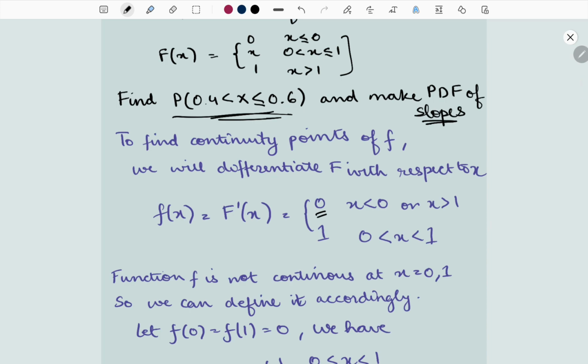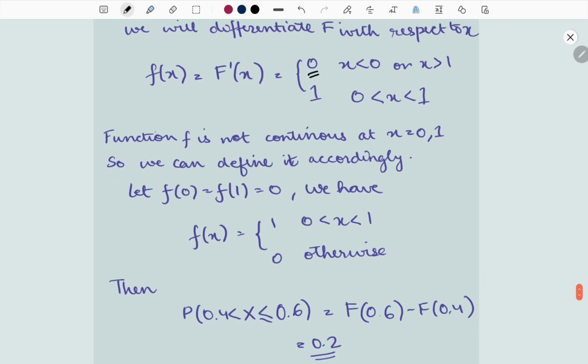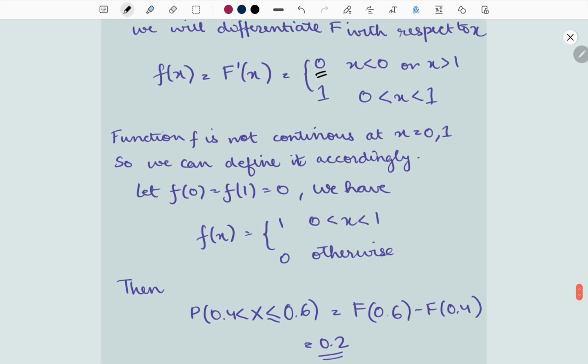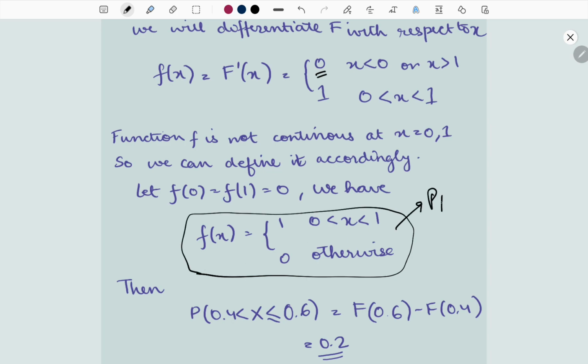Now here's a dilemma. We know that the f function is not continuous at x equals 0 and 1, because the slopes are different. So we can define it accordingly, that f of 0 equals f of 1, which have the slope 0 at x equals 1. So we can generalize this.